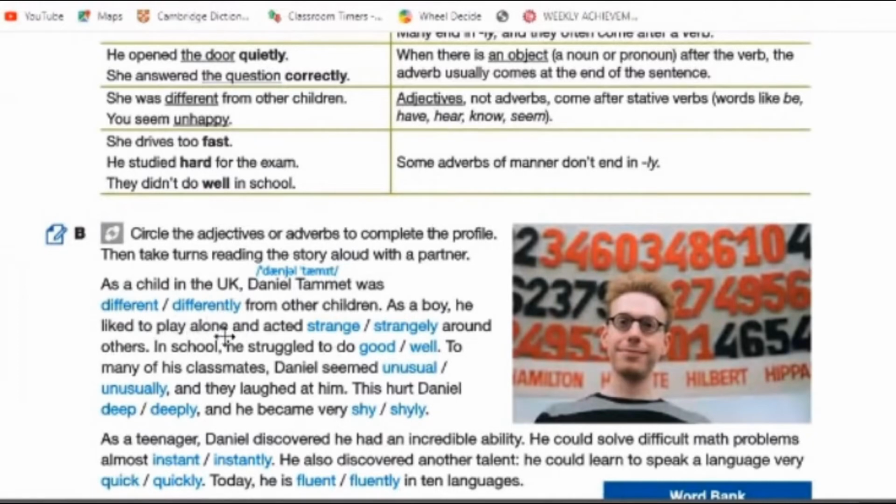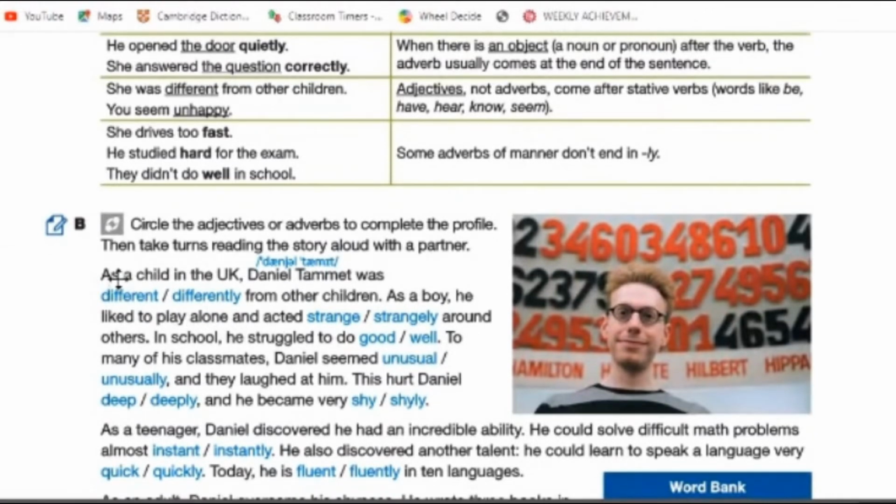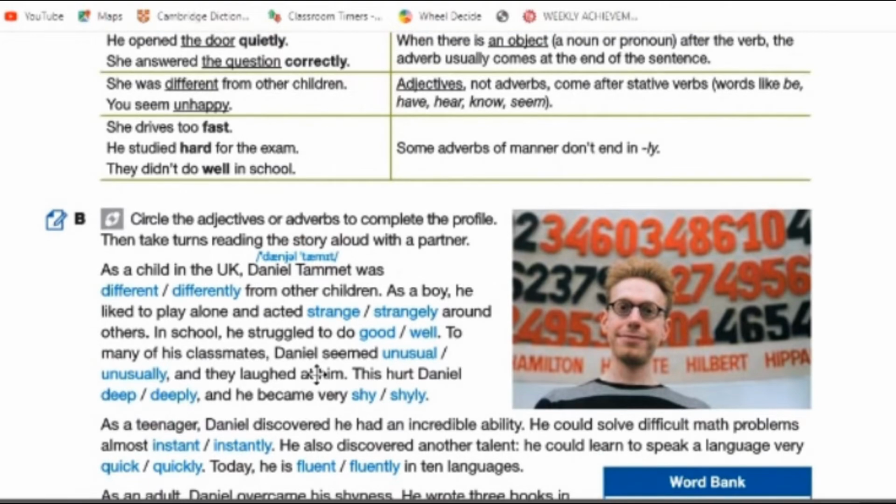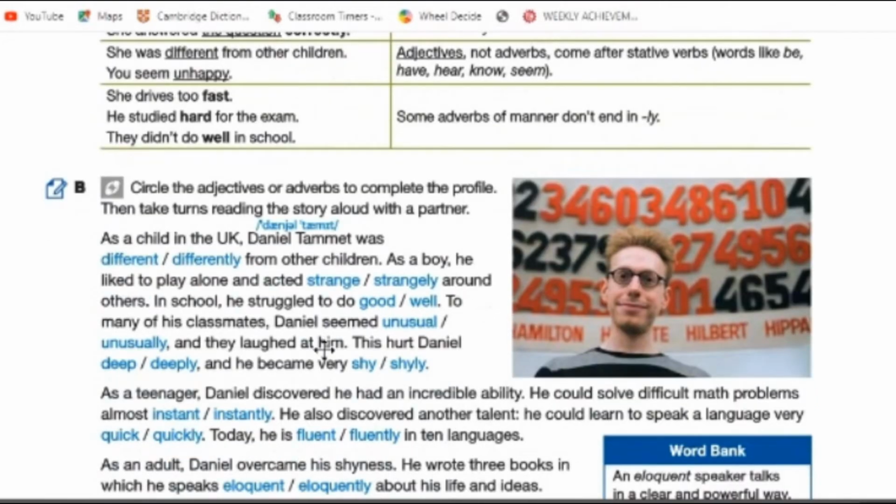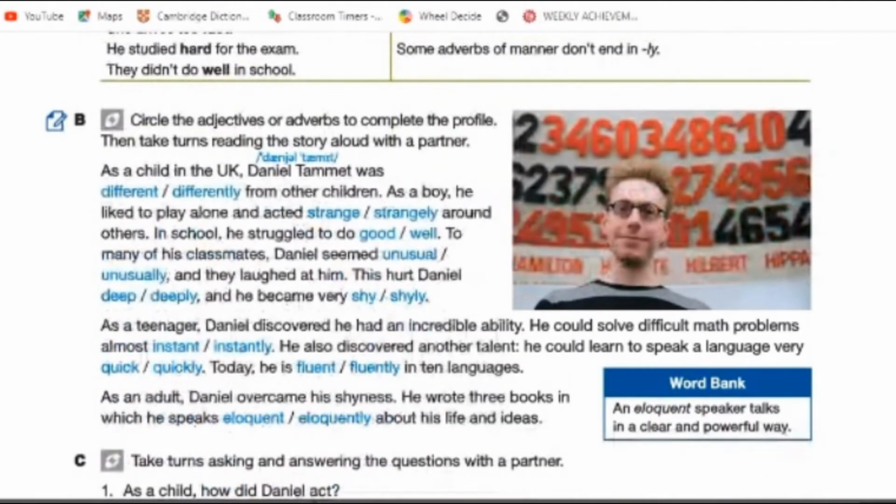For example, as a child in the UK, Daniel Tamid was different or differently. Different, because you have was. Was is a stative verb. Please, three minutes, I think it's okay for this activity.